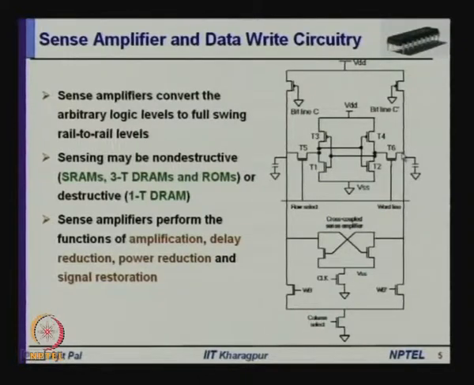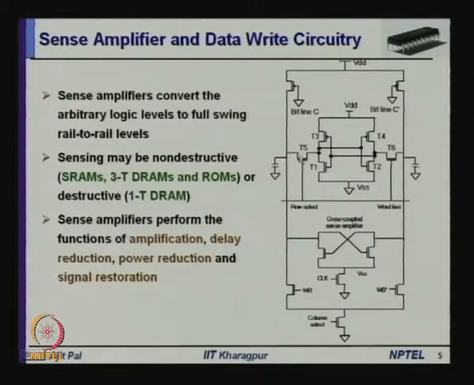Now, whenever you want to perform the write operation, this word line will be selected, and these 1 and 0 will be applied to these bit lines. That means, some voltage close to VDD will be applied to this line and voltage close to 0 will be applied to this bit line. As a result, this row select line or word line is now selected. So, T5 and T6 are on.